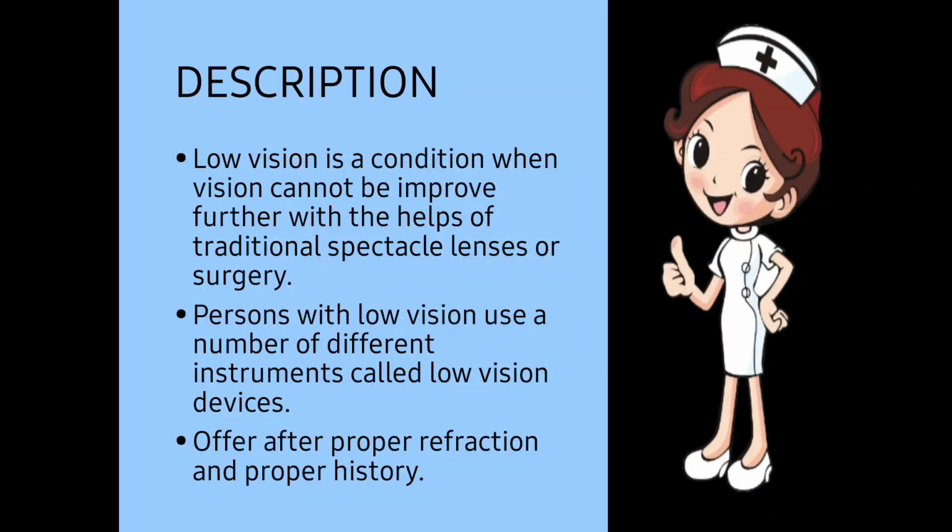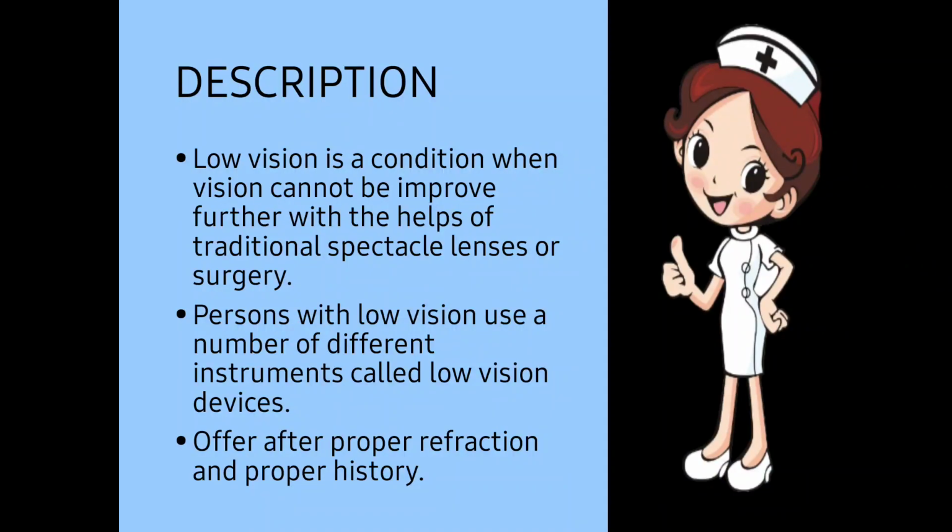Low vision is a condition when the vision cannot be improved further with the help of traditional spectacles or surgery. Low vision is a condition in which the vision of a person is less than 6/18, as defined by the World Health Organization, and cannot be improved with any kind of trial lenses, spectacle lenses or surgery.